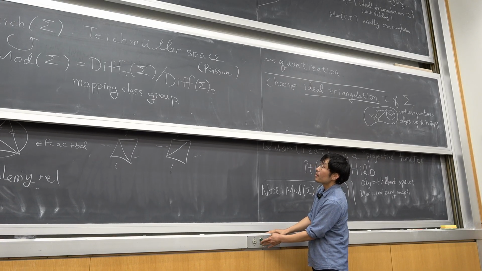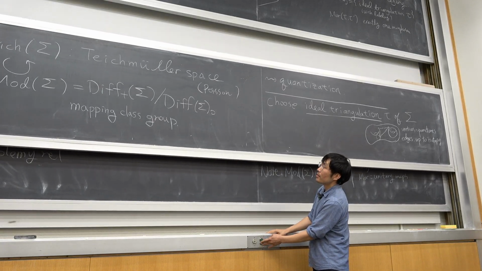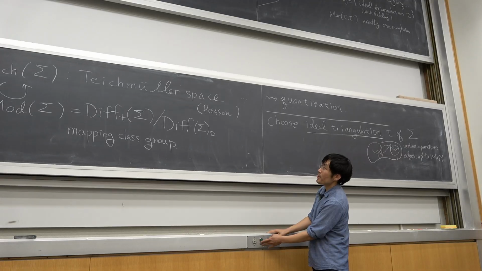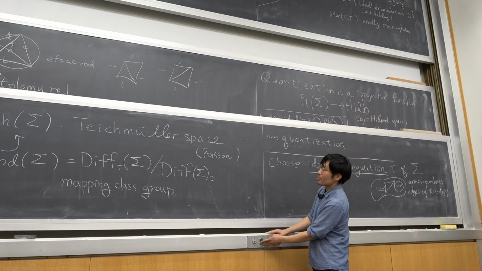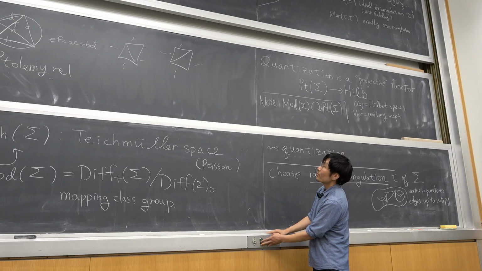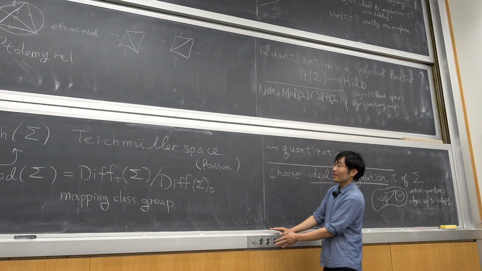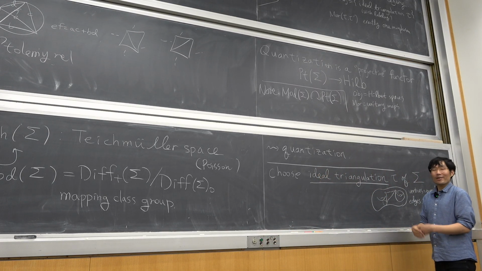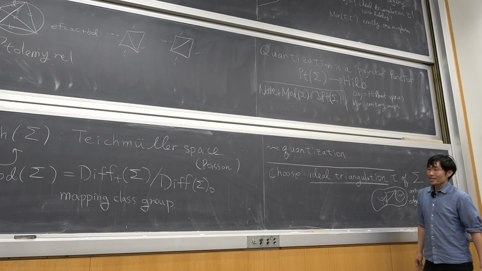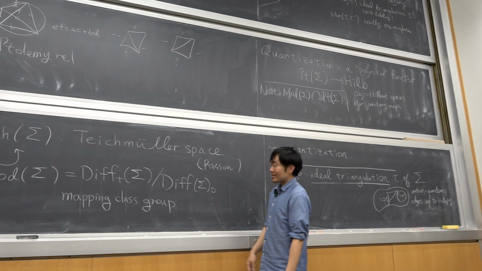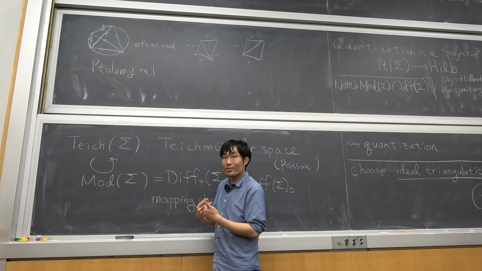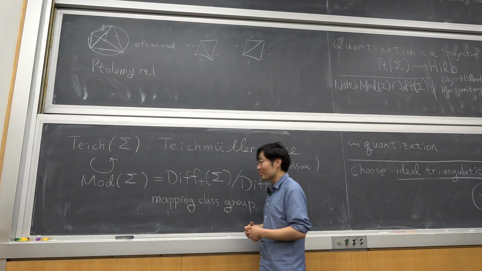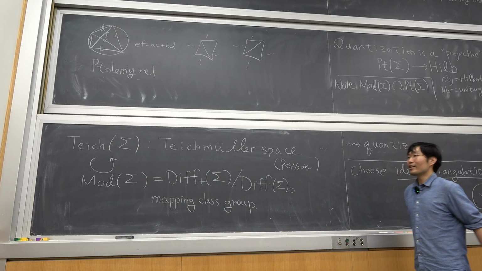But since there is a group action by the mapping class group on this Poisson manifold, you want your quantization to be either invariant or equivariant in the right sense, such that in effect, what you're actually quantizing is the quotient of the Teichmüller space by the mapping class group, which is the classical Riemann moduli space.